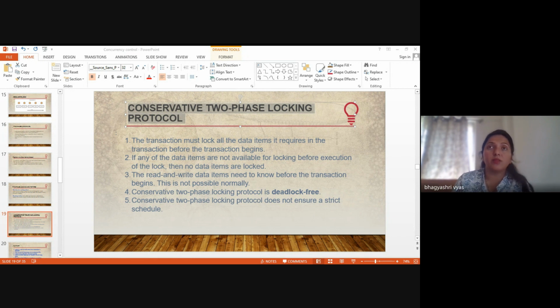Like for atomicity you need to derive one example, or for durability you have to derive one example. That is why I'm asking the questions.